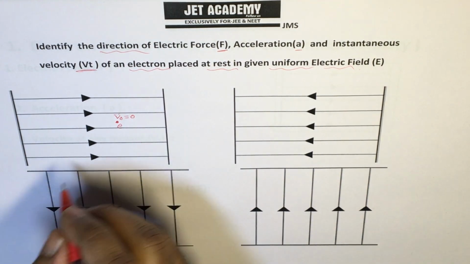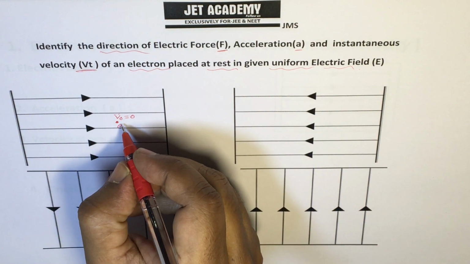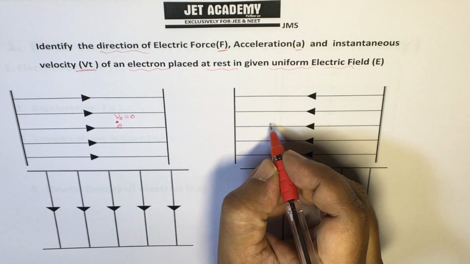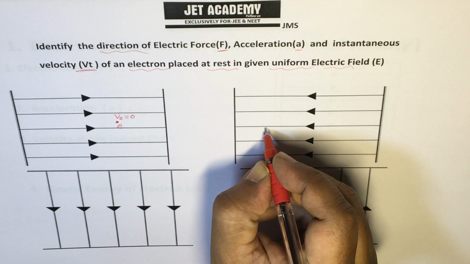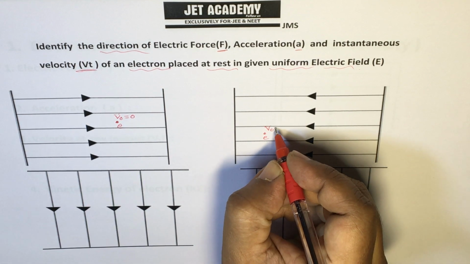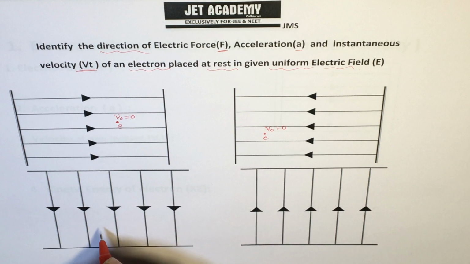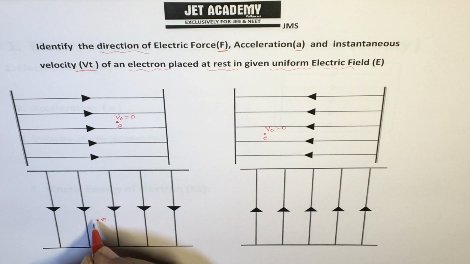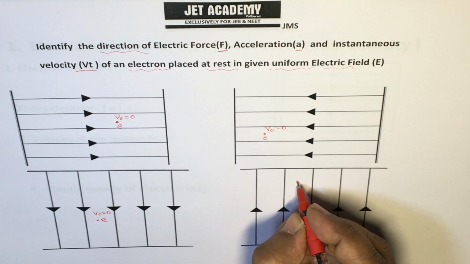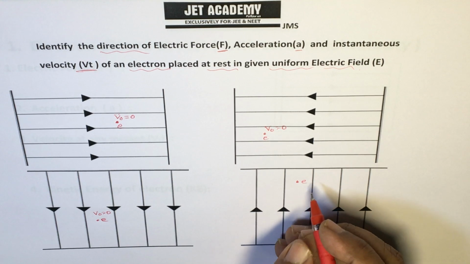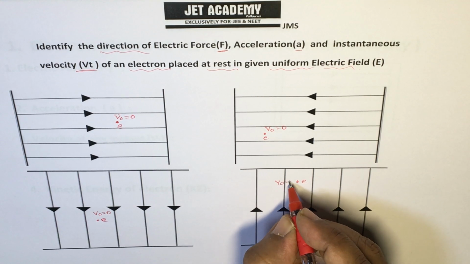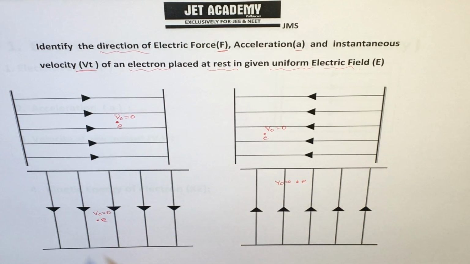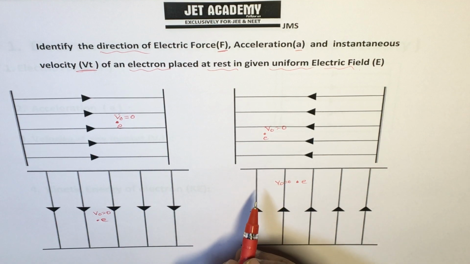I represent the electron by E. V naught is 0. Then there is no question of initial velocity direction because initially it is at rest.